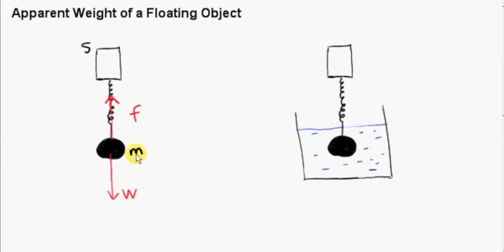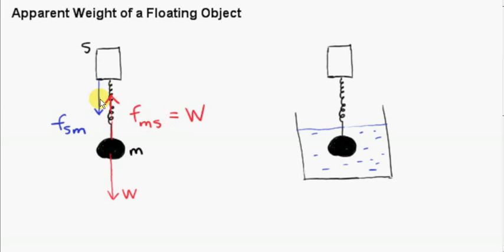If we call the mass M and the spring balance S, then we could call the force on the mass due to the spring balance F_MS, force on M due to S. For equilibrium, this must equal W, the weight. But if there's a force on the mass due to the spring, there must be an equal but opposite force on the spring due to the mass.